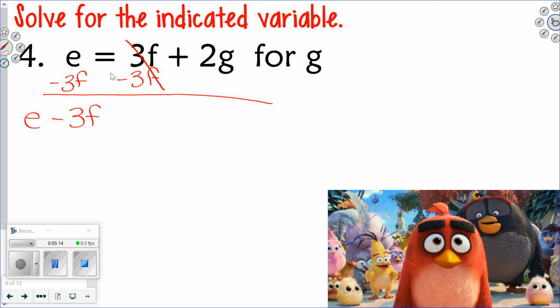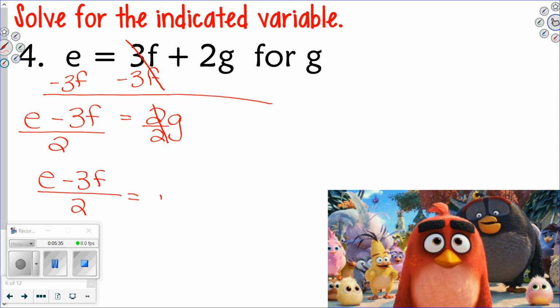So that's e minus 3f equals 2g. Good. Divide by 2. Since we are dealing with lots of variables, I can just leave one giant fraction here as e minus 3f all over 2. You don't have to write e over 2 and then 3f over 2. We can just leave one giant fraction because it's not going to simplify anyway.